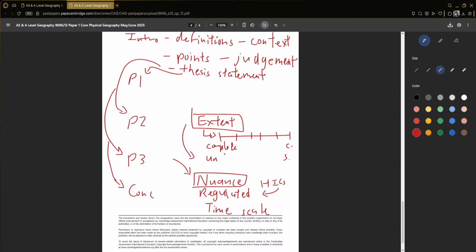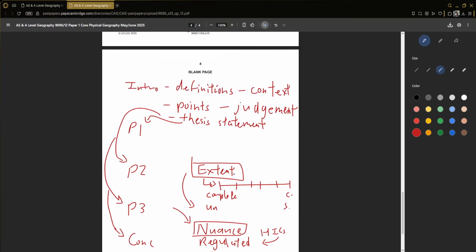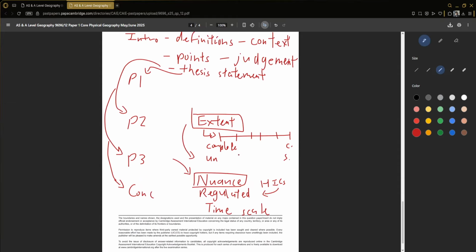You don't have to explain too much in detail, but make sure it's something that you can sustain in every argument. If you want to talk about a nuanced one, it can be attempts to reduce mass movements in regulated areas have been successful, whereas attempts to reduce mass movements in unregulated areas have been mostly unsuccessful because management techniques have to be well thought out and planned before they are implemented, or something like that.